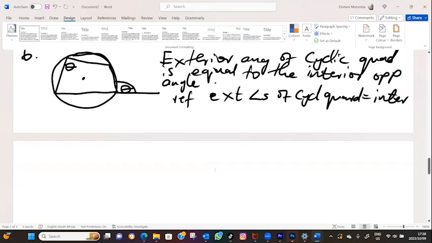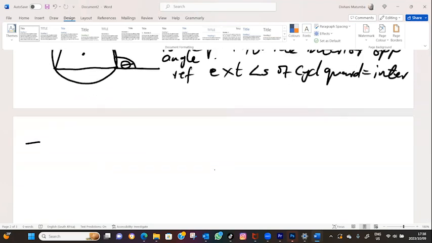Then the seventh theorem, what we know is that a tangent of a side of a circle is perpendicular to the radius at a point of contact.